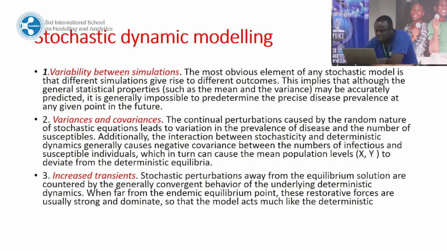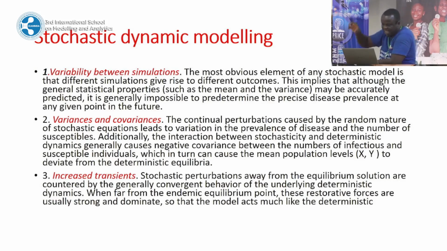Now, the most obvious element of any stochastic model is that different simulations give rise to different outcomes. You can see that if you see simulation 1, the outcome is different from the last one. The first one starting from 100, the last one is 1000. So the range is between 1000 and 100.